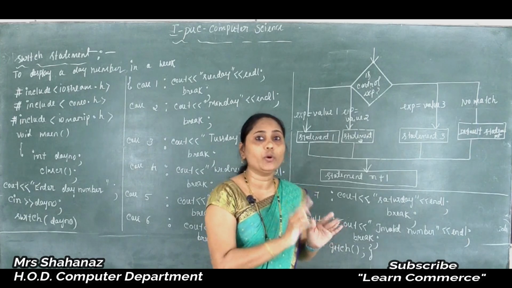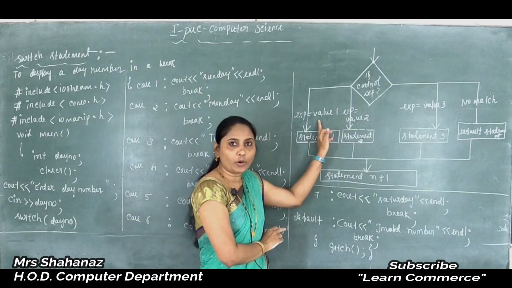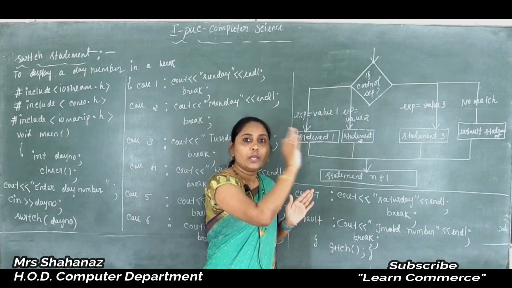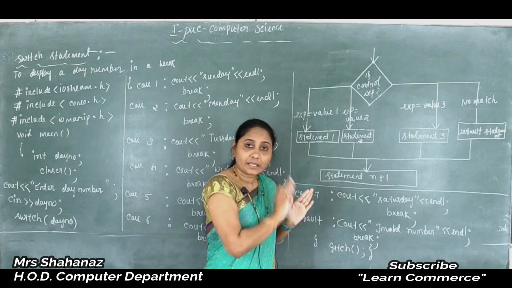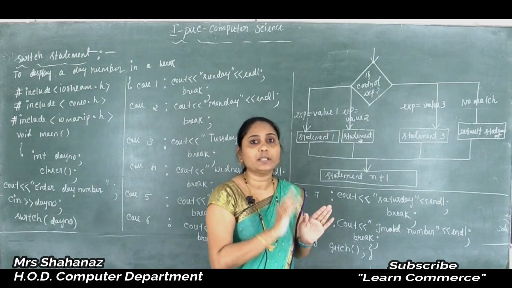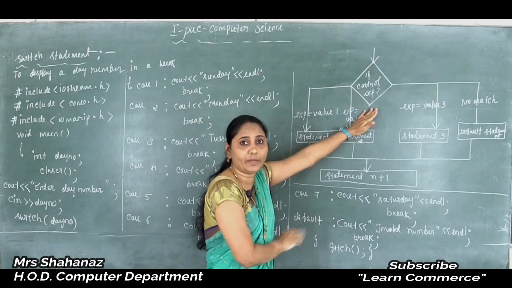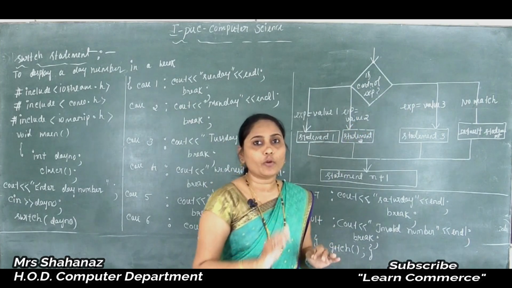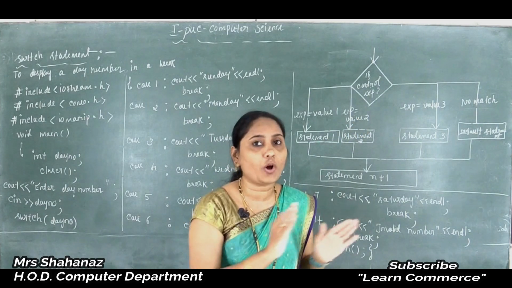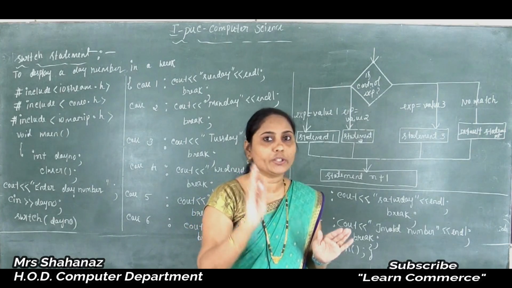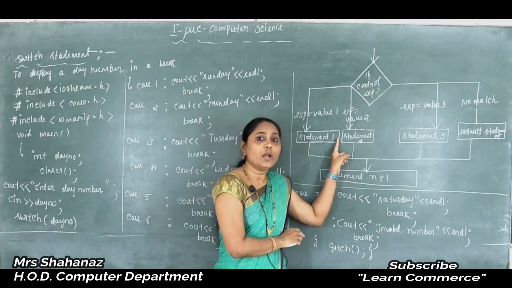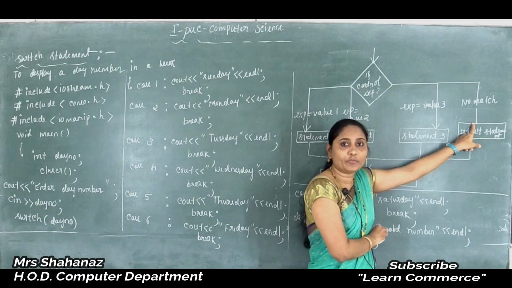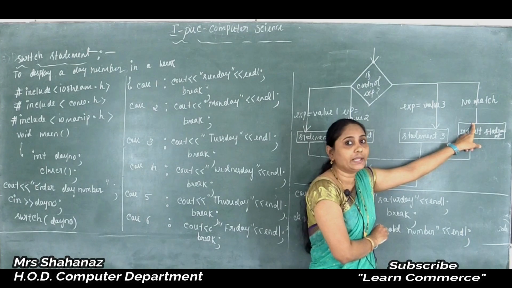If a label value matches the value of the control expression, then we can say that control is transferred directly to the group of statements. But if none of the case label values match the control expression value, then the statement against default is executed. So we know when the default statement is going to execute, correct?